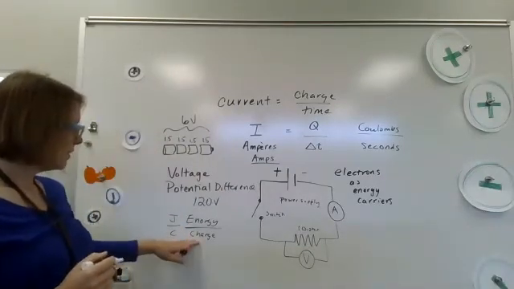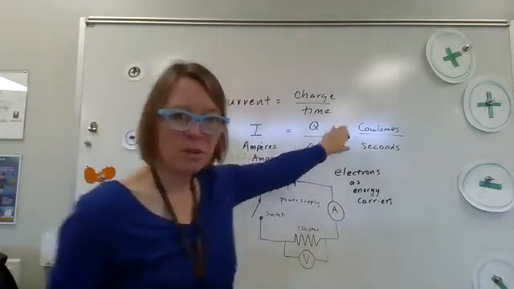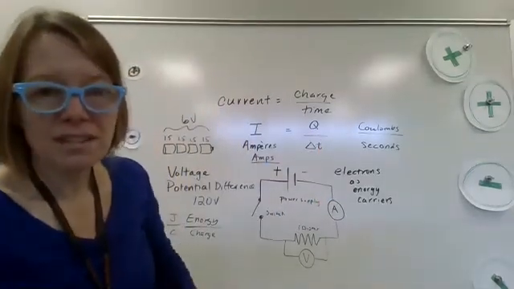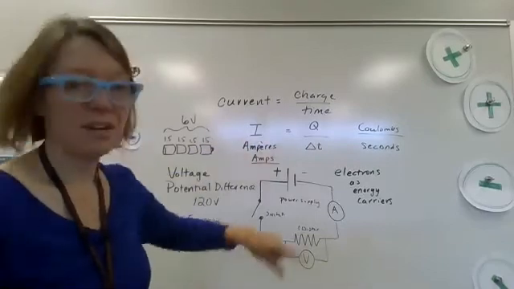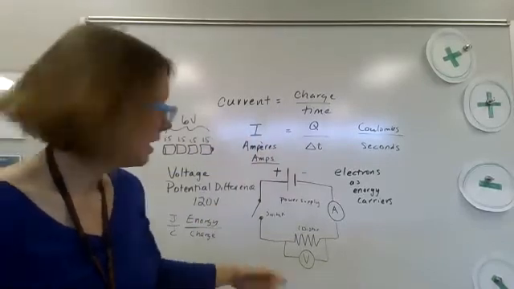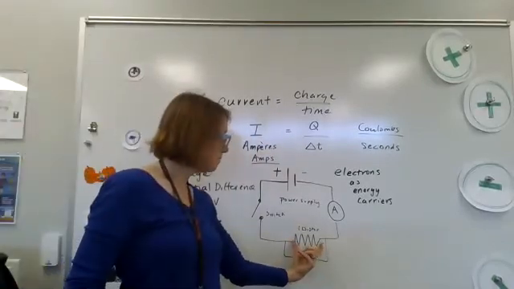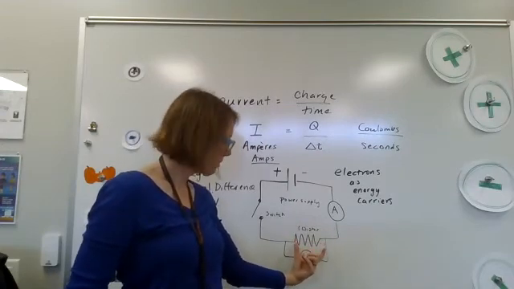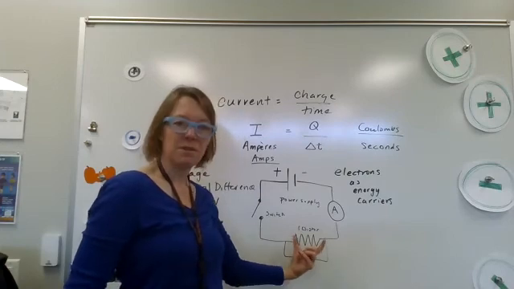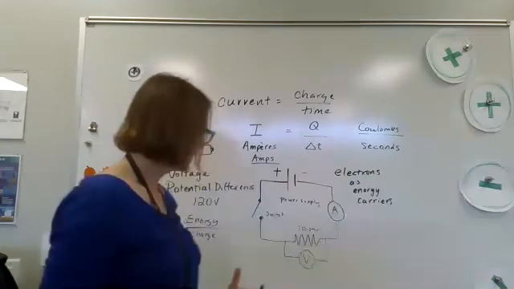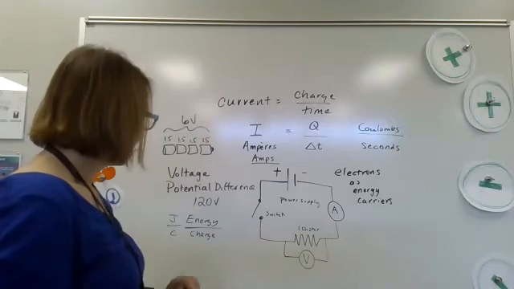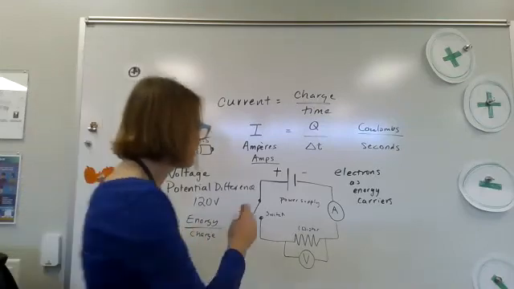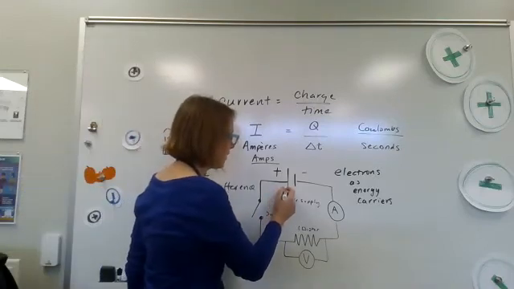So we've got energy per unit charge, and then we've got coulombs per second, and those two things together determine how much energy is flowing through the circuit. And then that energy is, again, either dissipated through the resistor or the resistor uses it to do work.